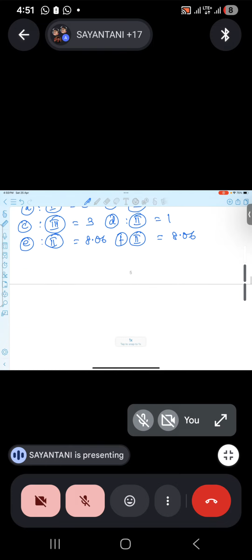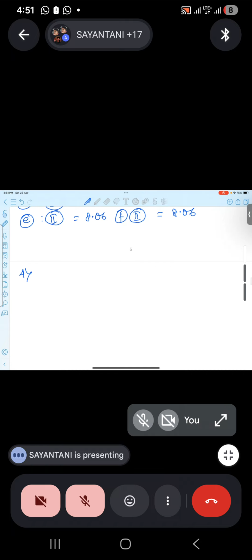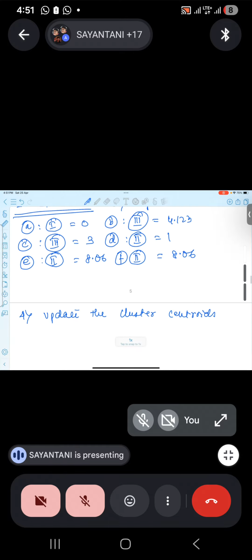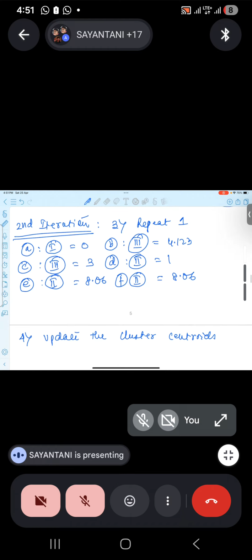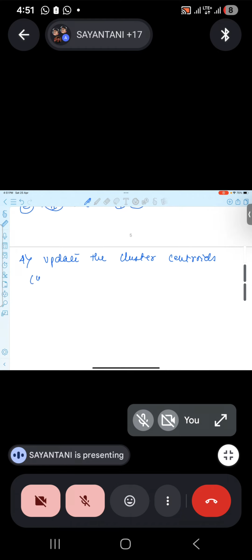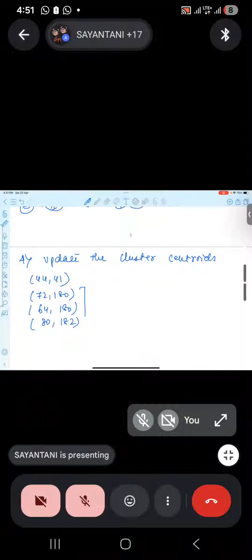Again, in step number 4, you have to update the cluster centroids. So if you look at this particular calculation, again, the first centroid remains unchanged. The second one has these coordinates. You take the mean of these values and you get this as an answer.